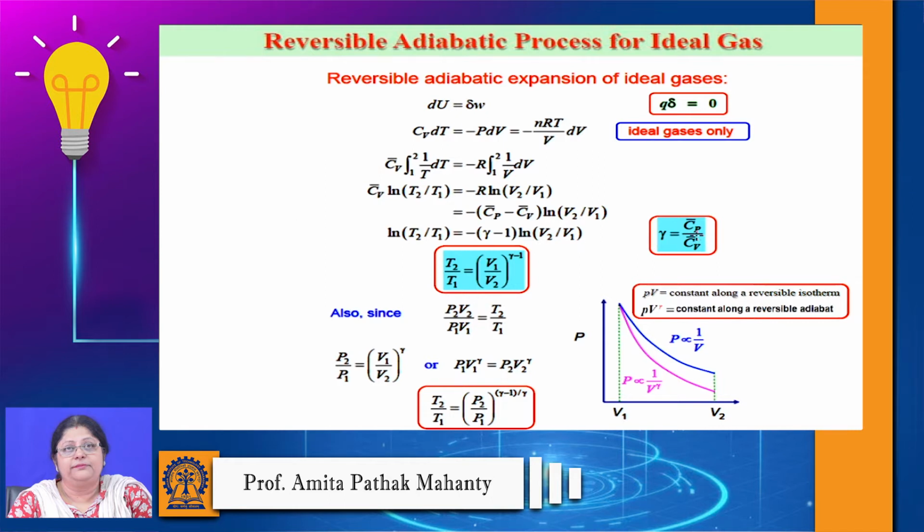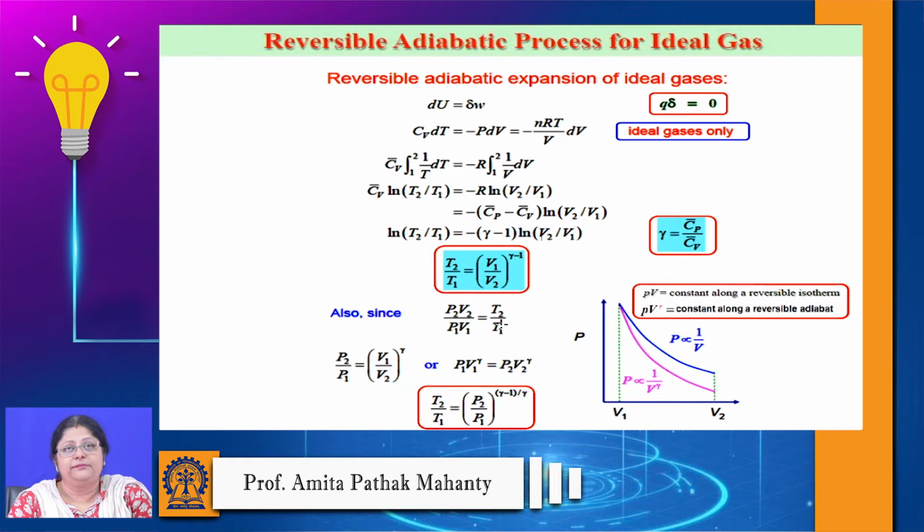Then, since Cp by Cv equals gamma, I can replace that with gamma minus 1. If you rewrite this entire expression, when you want to take out the ln, T2 by T1 will be equal to V1 by V2 to the power gamma minus 1, because I have changed the signs of volume here, so the minus sign is gone.